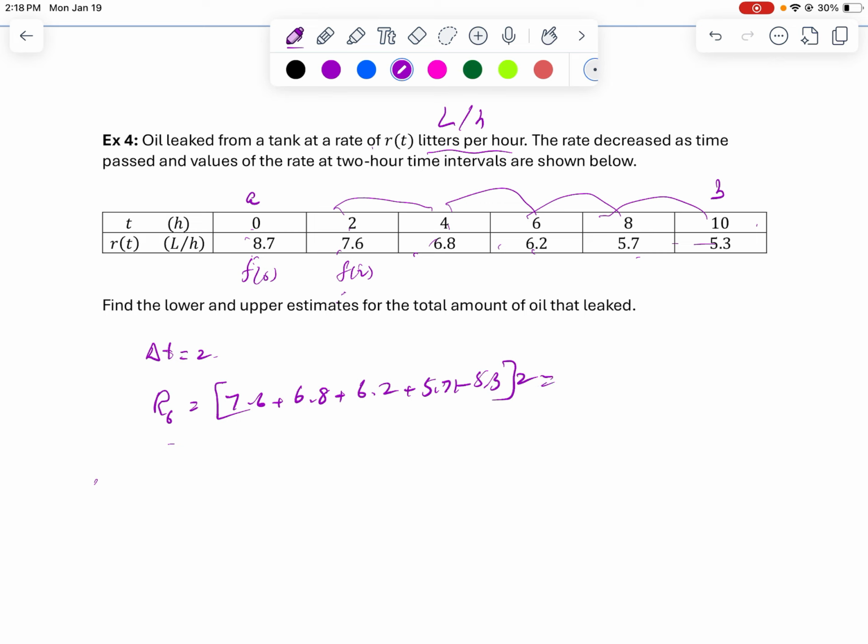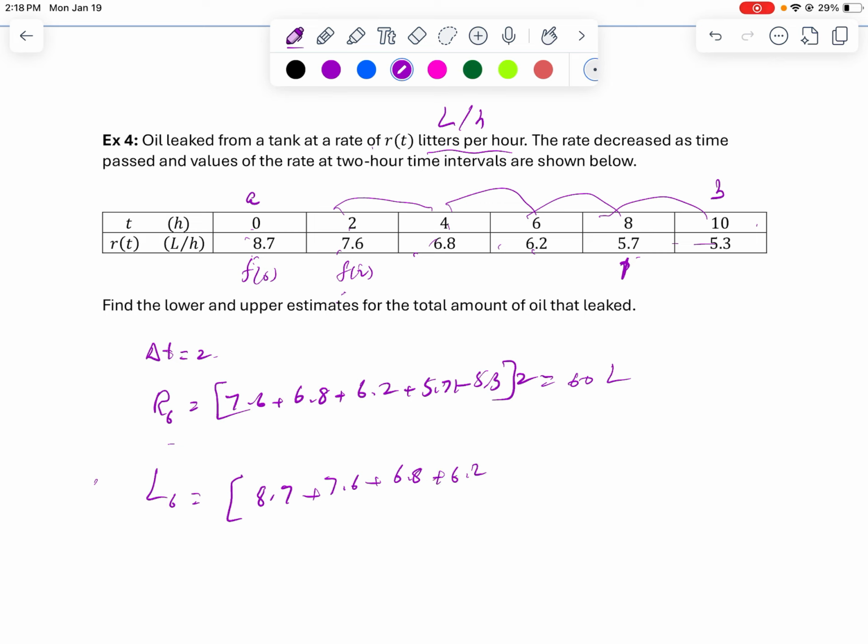That gives me the amount in liters, because the unit of time, hour and hour, they cancel. And L sub 6 will be equal to, so now we will start with the first value but stop at the second last. So we have 8.7 plus 7.6 plus 6.8 plus 6.2 plus 5.7, and we stop, times 2, and this gives me 70 L. So this is your upper estimate.